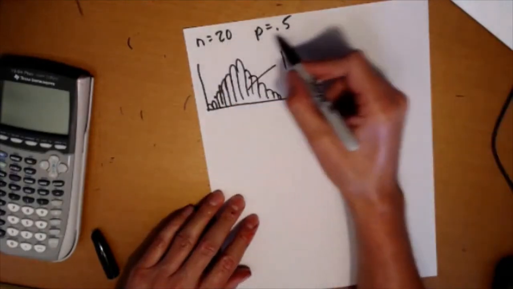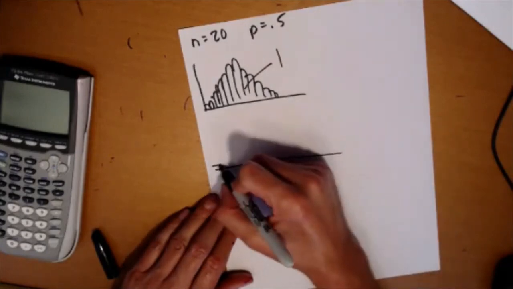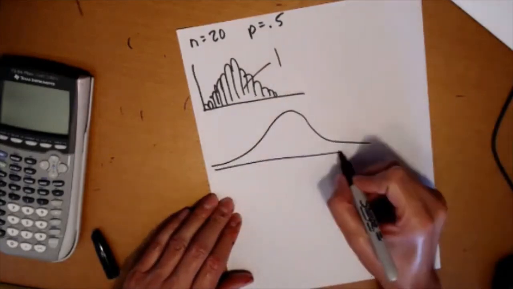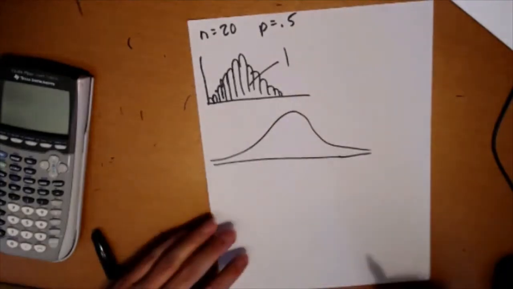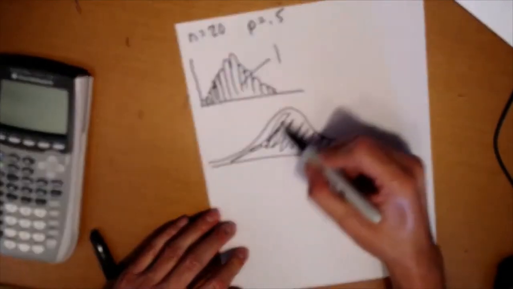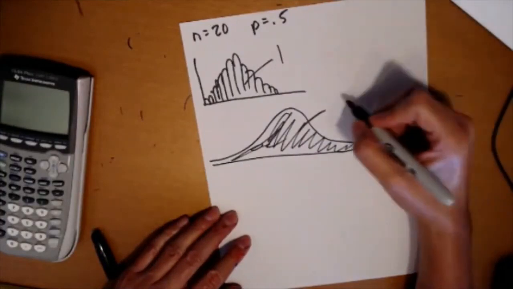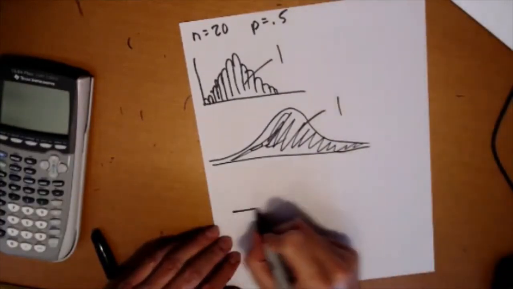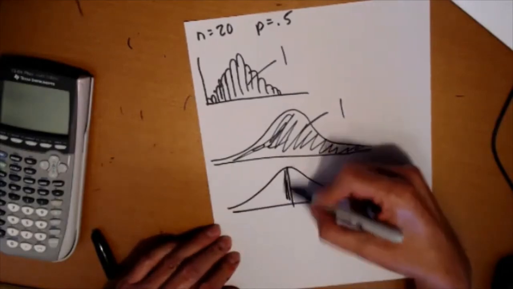So let's say we keep taking this 50-50 idea all the way out forever. It ends up forming a nice bell shape. So the bell curve, or the normal distribution, if we were to shade the whole thing in, it must have an area equal to 1. Let's say I were to shade in the left side of the bell curve.